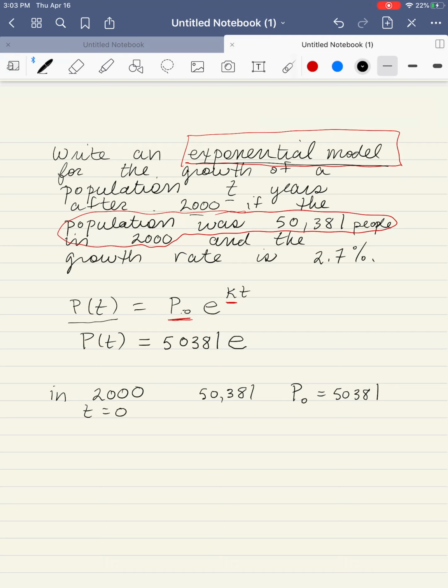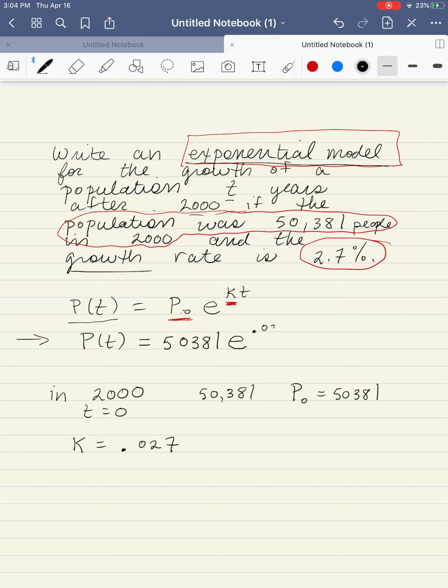P of t is just the name of the function. P of t equals. The e is just the number e. k is given as 2.7%. And that tells me k, and because this is a growth rate, that's going to be a positive number, and I'm going to write it as a decimal.